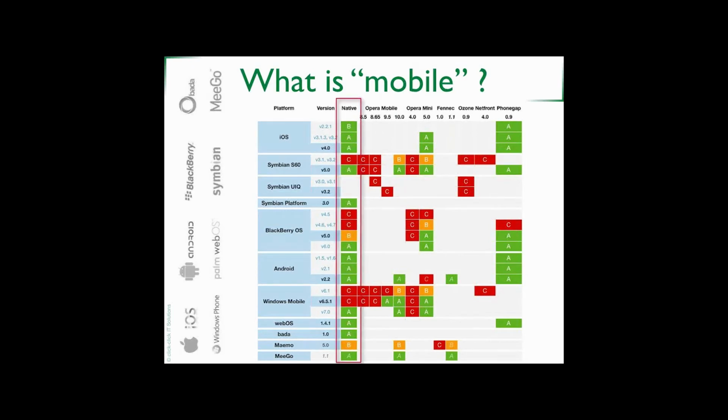For us, the most interesting part is the native column. You can see all the different mobile operating systems and their default browser. Grade A in green would be the full support of jQuery Mobile. C in red is kind of no support.